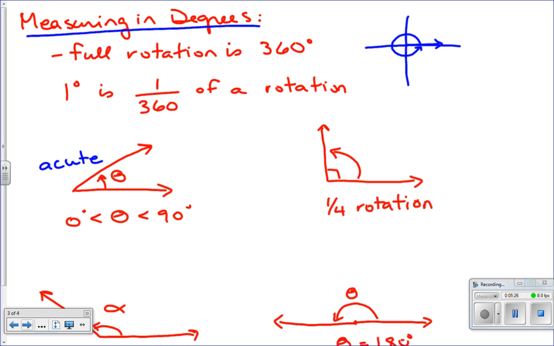When we have an angle that's exactly 90 degrees, and it's always denoted with that square in it, it's exactly 1/4 of a rotation, and we call that a right angle. And we also use the term perpendicular, that these two rays or two line segments or lines are perpendicular to each other. Okay, so that's a word that's often used with right angles.